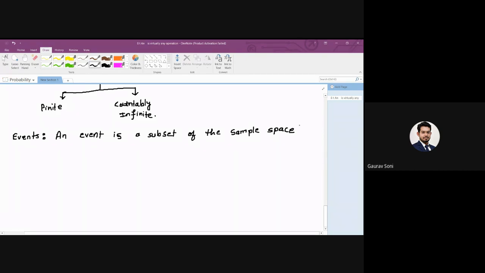A subset of a sample space consists of some or all the points of the sample space.